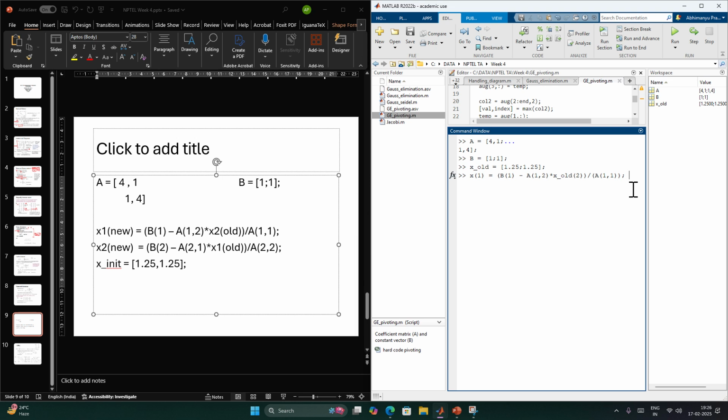Similarly, I will write x2, that would be b2 minus a 2 comma 1 multiplied by x old 1, divided by a 2 comma 2. Let me put all of this in a straight line. You can easily run this again.